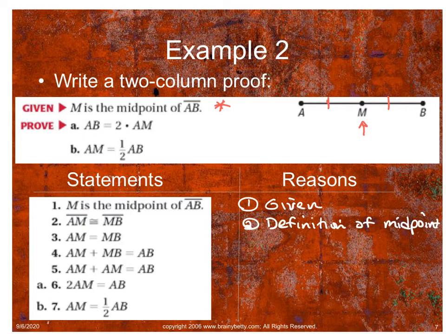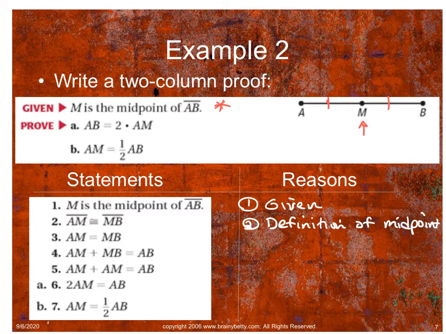Now, the step from 2 to 3, you can skip this in your proof. If you would have just wanted to eliminate this step and gone right to AM equals MB, I'm okay with that.